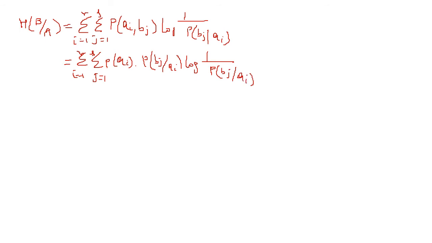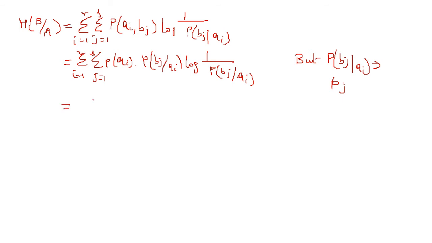But we know that p(bj/ai) in your probability matrix or conditional probability matrix is nothing but pj. So we'll try to replace this.